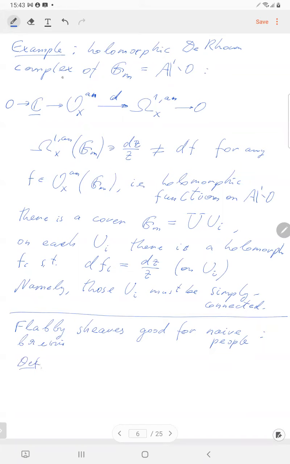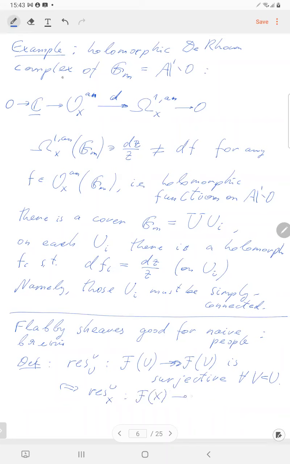So the definition is that all the restriction maps are surjective: from U to V, from F of U to F of V is surjective, for any V inside U. In fact, it is equivalent to demanding that the restriction from global sections to anything else is surjective, just because of the transitivity condition on restrictions.